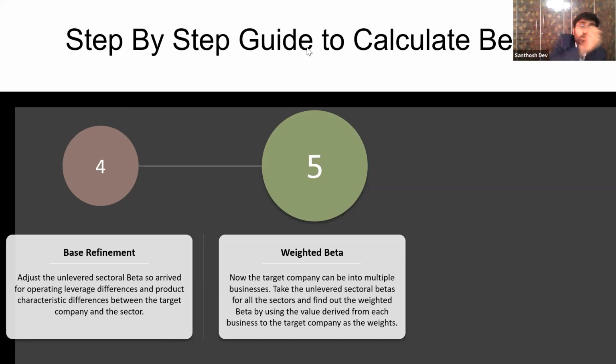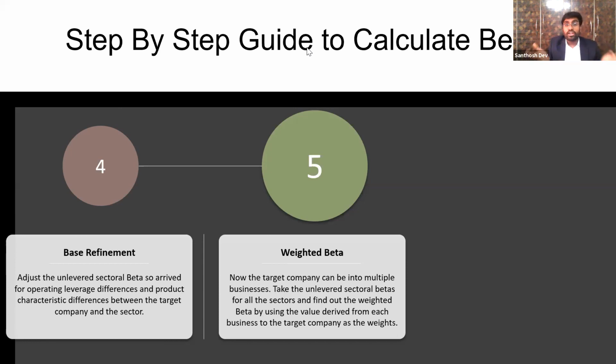I should not use only that beta. I should look for another company, probably Maruti Suzuki, which manufactures passenger vehicles. I will take the beta of companies which have passenger vehicle manufacturing experience also. I will take those betas based on my weight or my exposure to passenger vehicle and commercial vehicle.